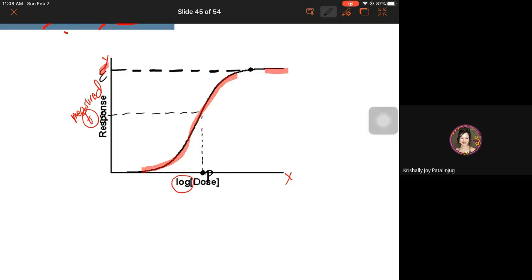Again, potency is the dose required to achieve 50% of the maximum response, meaning the biomarker here would be the 50% effective concentration, to achieve half of the maximum response. And we also have the ceiling dose, the smallest dose that produces the maximum response. And this particular line here would be the slope.